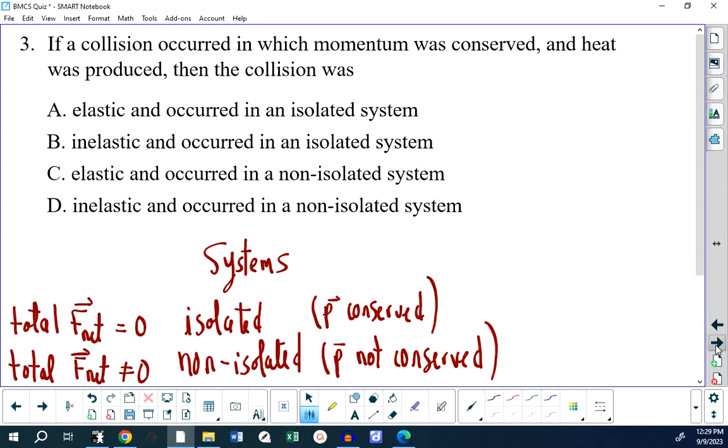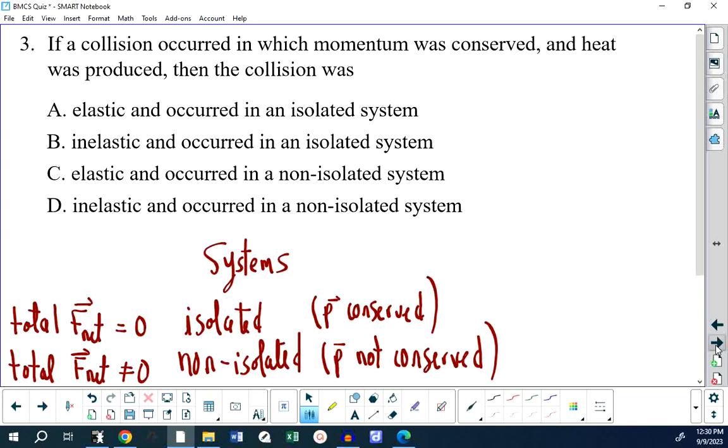What that means is during a collision that occurs in an isolated system, the force that the bat exerts on the ball is equal but opposite to the force that the ball exerts on the bat. So when you add up all of those forces, you get 0, and that leads to conservation of momentum. I could go even further and say that in an isolated system, if momentum is conserved, the impulse experienced by one object is equal but opposite to the impulse experienced by the other.